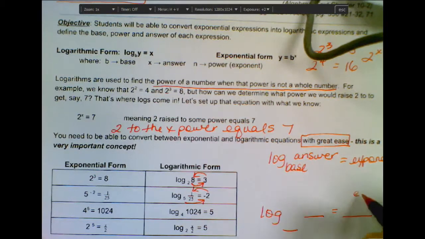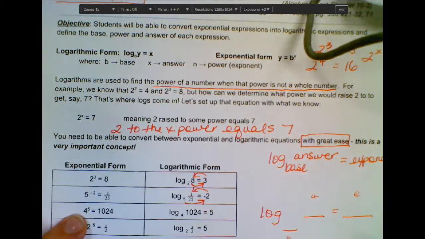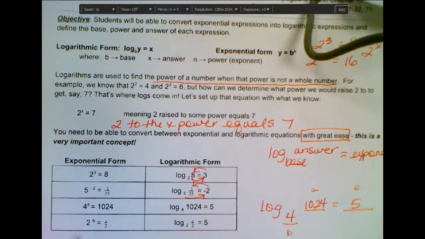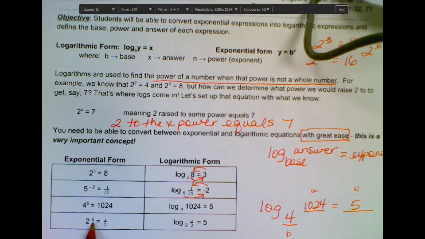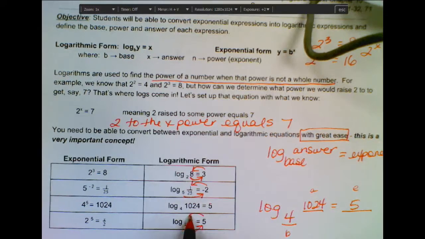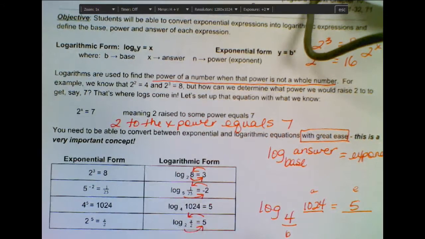You always know this is going to be your exponent, this is going to be your answer, this is going to be your base. So if we're using 4 to the 5th equals 1024, 4 is your base, the answer is 1024, and your exponent was 5. And 2 to the 5th equals x over 2. We don't even need to know what that answer is yet.